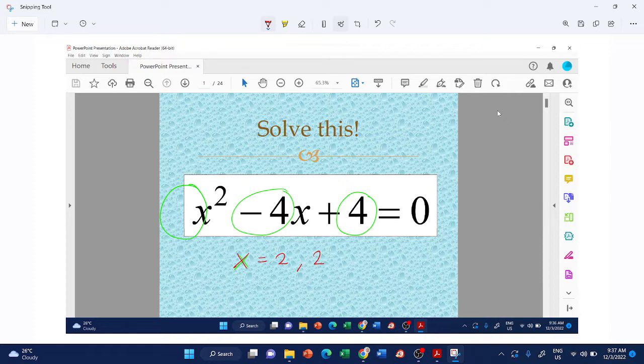Second, we do factorizations. We can factorize this equation, correct? It's something like this: x minus 2, x minus 2 equal to 0. After we do factorizations, you need to check that if you expand the brackets, it will be equal to your equation here.